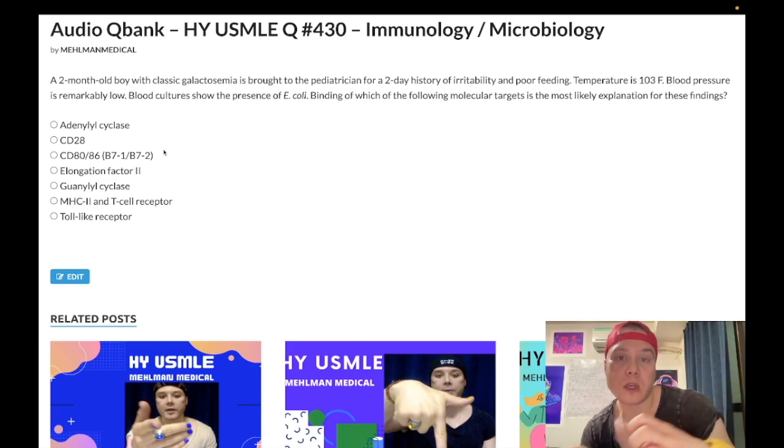That's our primary interaction, okay? But you also have to have a co-stimulatory signal, which is going to be the nucleated cell or the antigen presenting cell has something called CD80/86, aka B7-1/2, and that's going to bind to CD28 on the T cell.